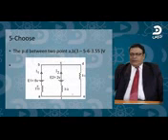Question number 5. The potential difference between 2 points A and B is 3, or 5, or 6, or 3.55 volt.